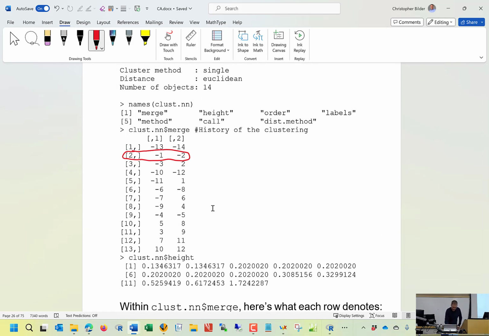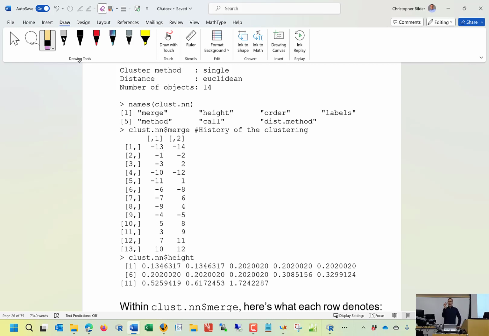And then next is going to join observation 3 with cluster number 2. So notice we have some numerical values have a negative out in front, and some have nothing out in front. Whenever you see a negative there, that's R's way of saying this is an observation number.